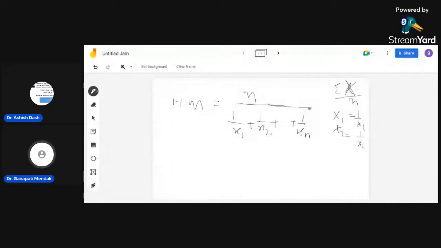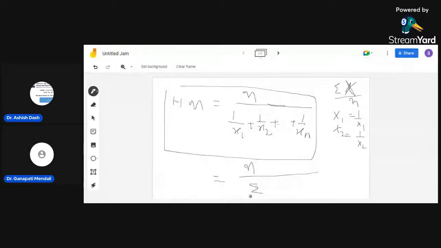The reciprocal of the arithmetic mean of the reciprocal of individual observations. This is the formula for harmonic mean. In shortcut form, that is n by summation, i from 1 to n, of 1 by xi.